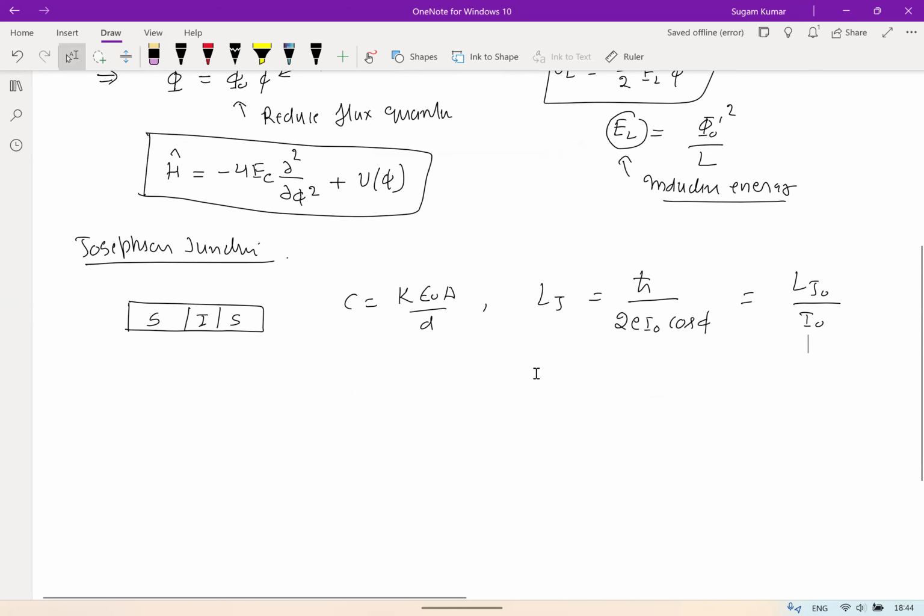This one is called the inductance of the Josephson junction.